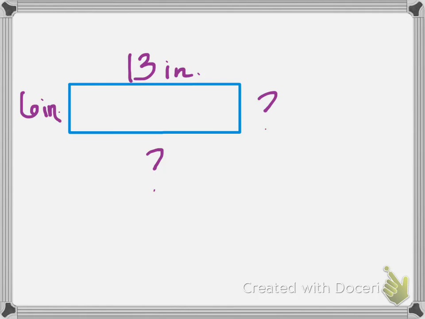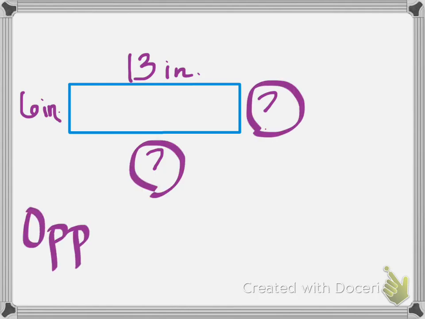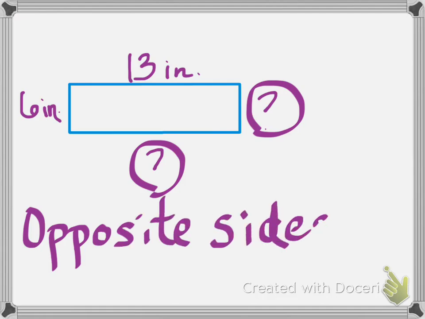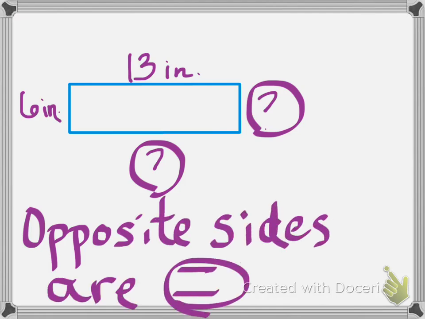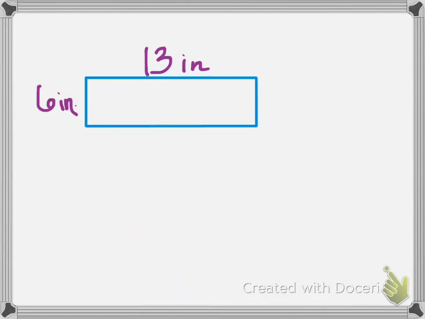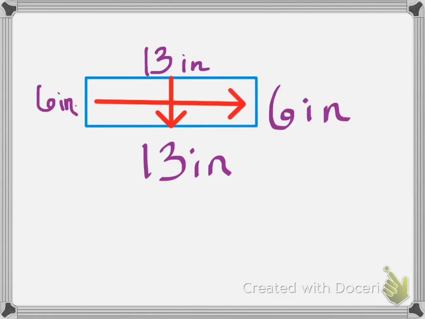But when calculating the perimeter of a rectangle with two unknown sides, it's not very hard to figure out what those other sides are, because we know that opposite sides are equal when dealing with parallelograms. So the opposite side of the 13 inches would be, again, 13 inches. And the opposite side of 6 inches would be 6 inches. See, not very difficult at all.